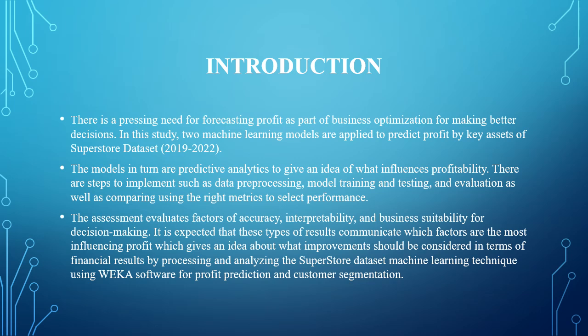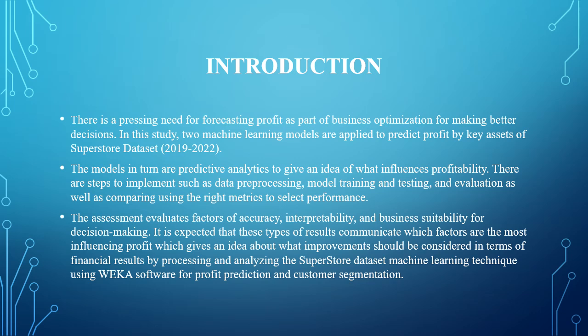In this study, two machine learning models are applied to predict profit by key aspects of the Superstore dataset. The models are predictive analyses to give an idea of what influences profitability.